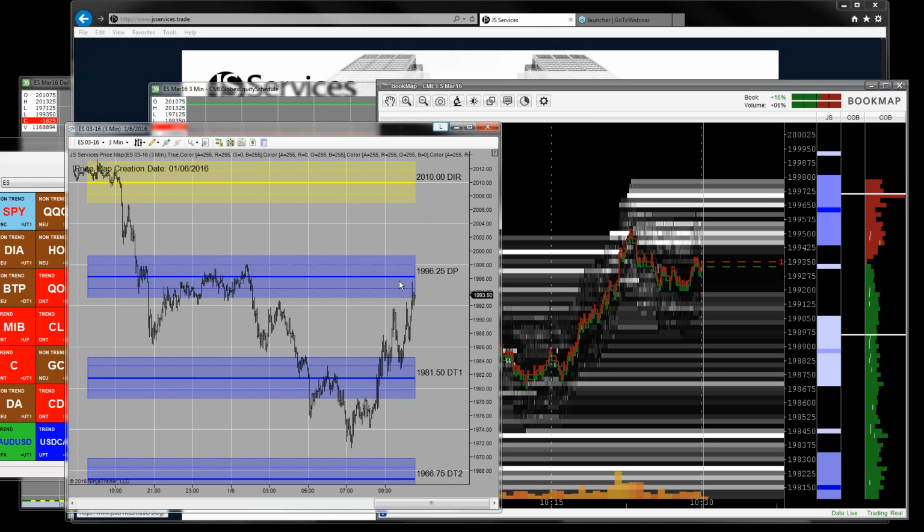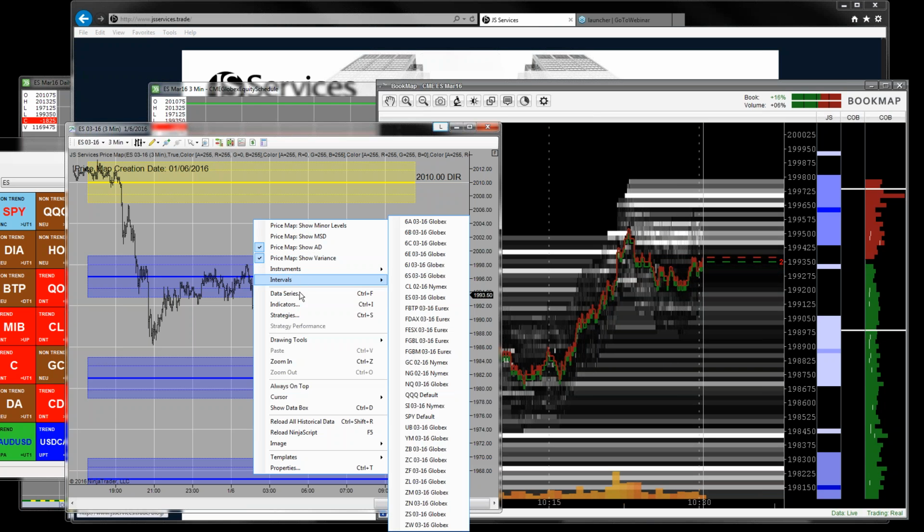If I was running an oscillator, because I'm going to use an oscillator to fade, let me pull up an indicator.